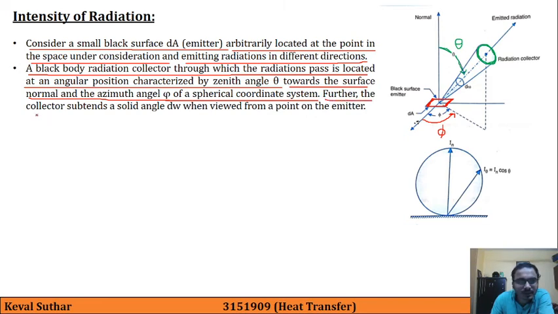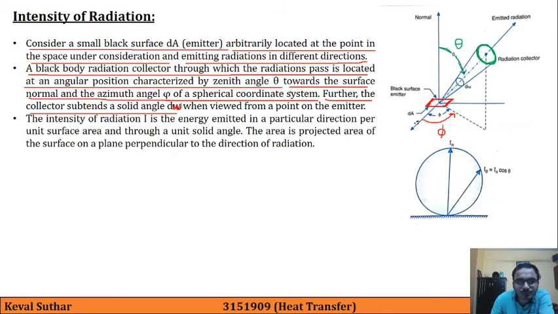Further, the collector subtends a solid angle d omega. This should not be considered as W, it is d omega here. So dW is the solid angle over here.